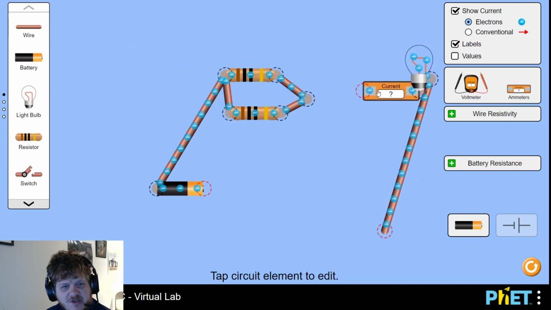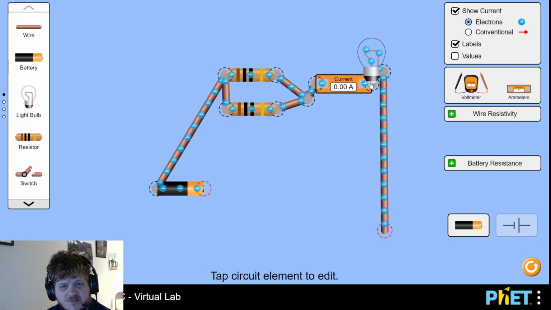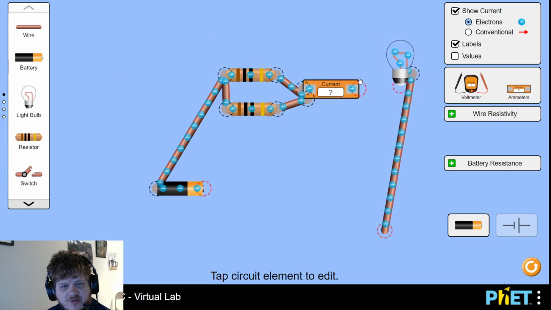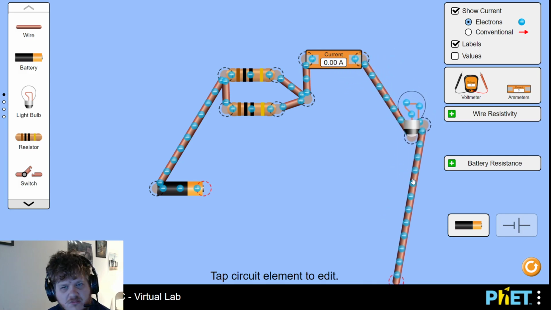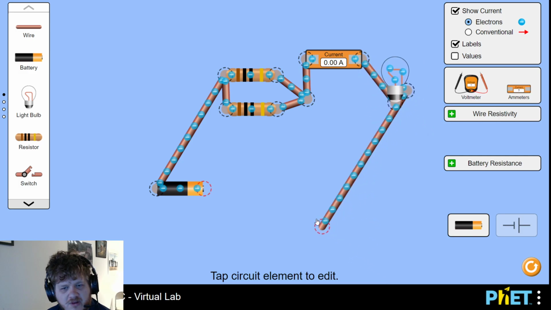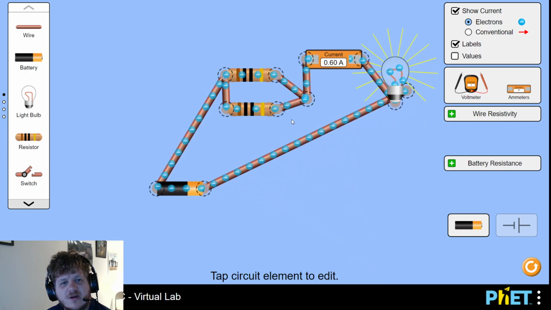So now it's in parallel, and when we have in parallel, we need to connect both ends. And then we can do this, and then last but not least, let me give this some more room. And do a wire. And then, bam. And then you record the current here.